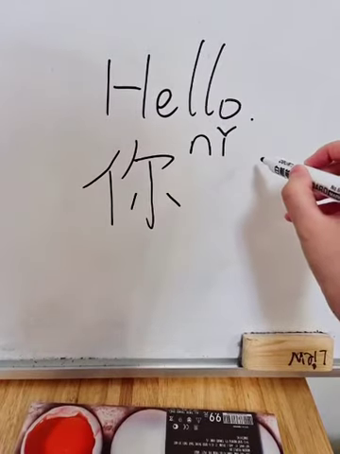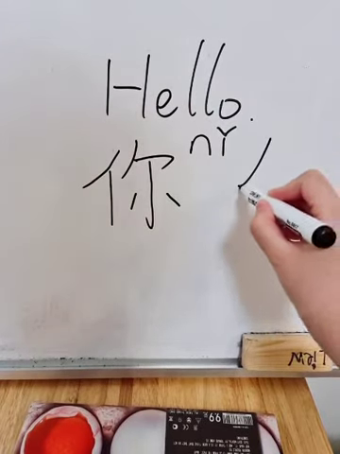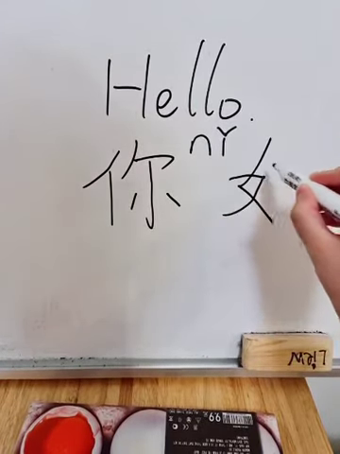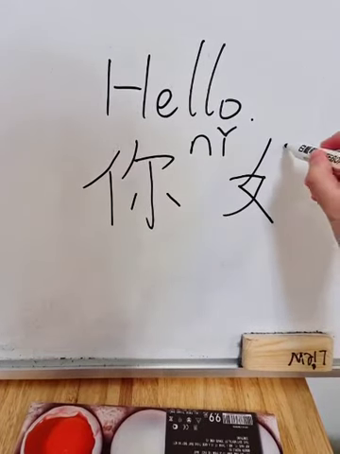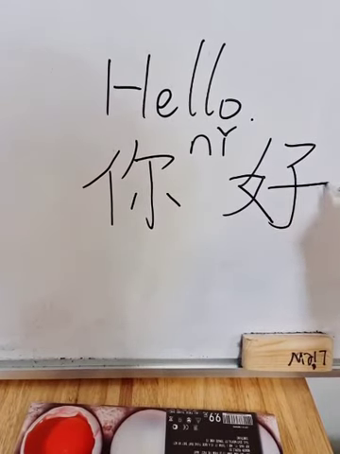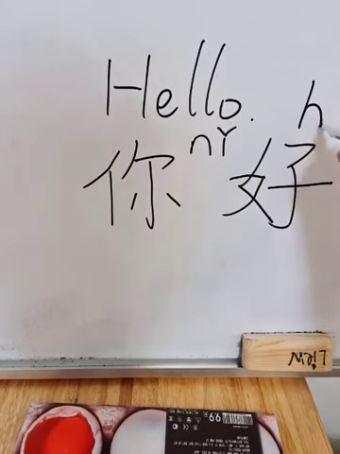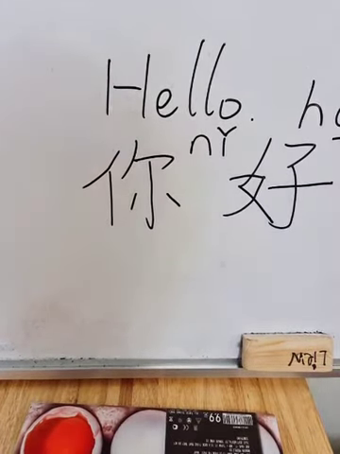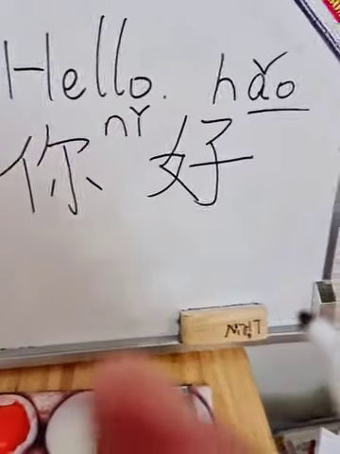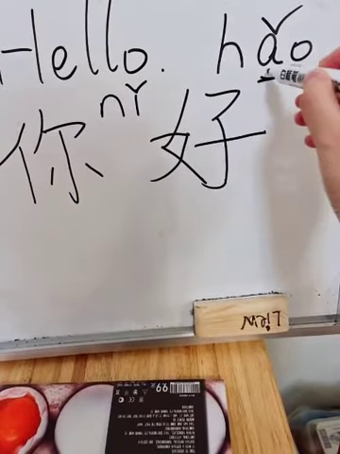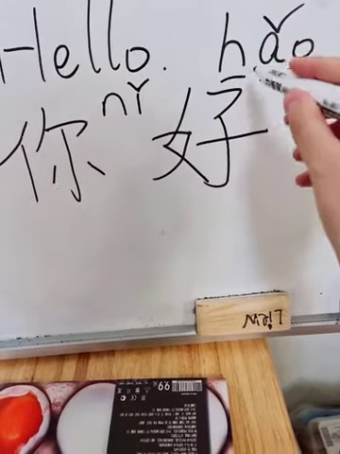Let's see. The left part is 1, 2, 3. The right part is 1, 2, 3. This one is 女, and this one is 子.